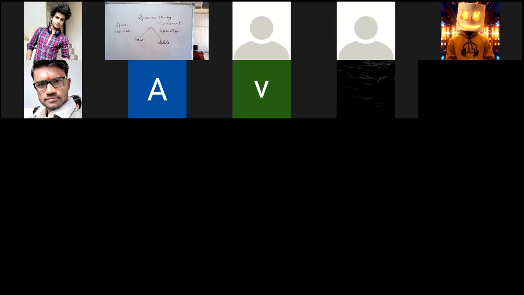Now, if I write pointer equal to new, this is a keyword, and then the data type. Now memory will be allocated into the heap. When? During the run time. When you run the code, then 2 bytes of memory will be allocated into the heap.